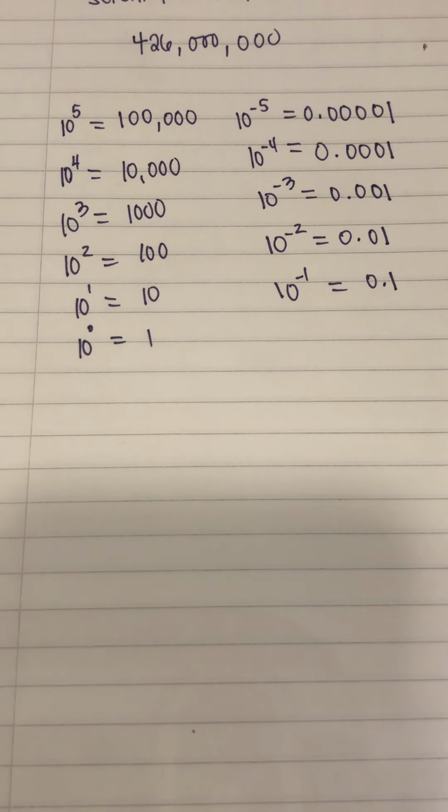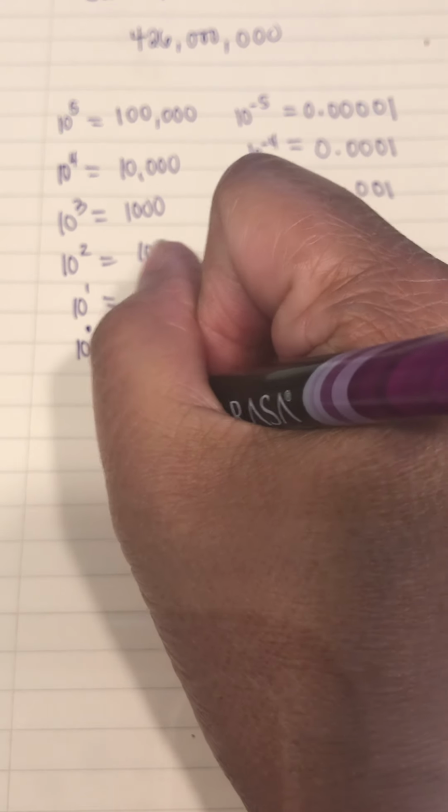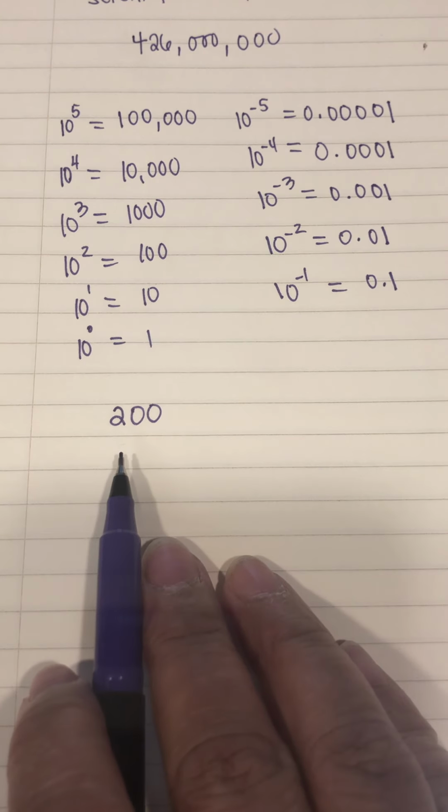Okay, so in writing scientific notation, you are allowed to only have one digit to the left of your decimal point. So we call that the significant number. All right, so let's see. If I would have 200, for example, let's start with something very basic. So this is actually 2 hundreds.